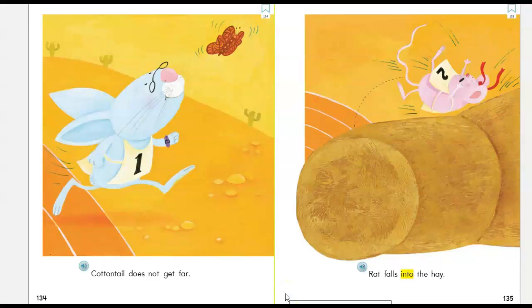If we started with 5 animals and 2 of them do not get far, that means there are only 3 animals left in the race. Let's see how they're doing.